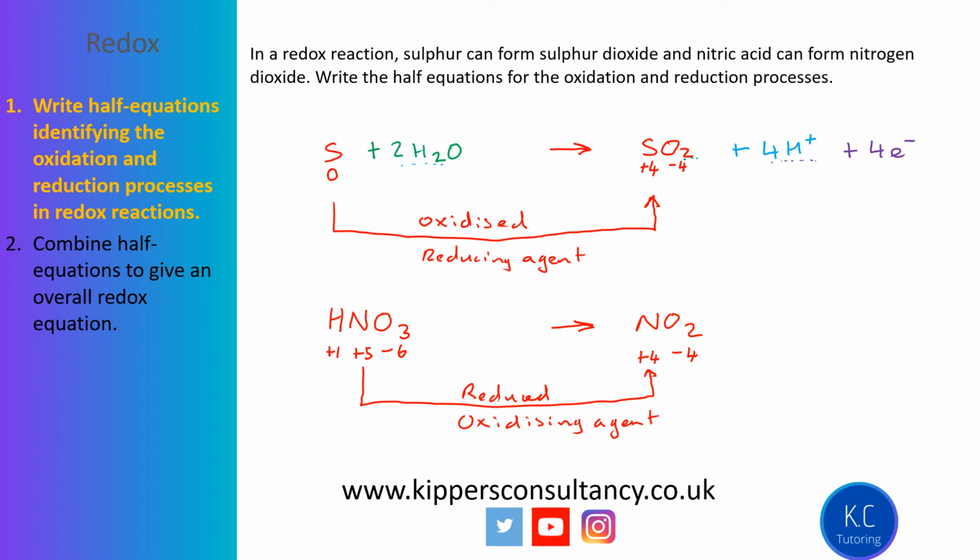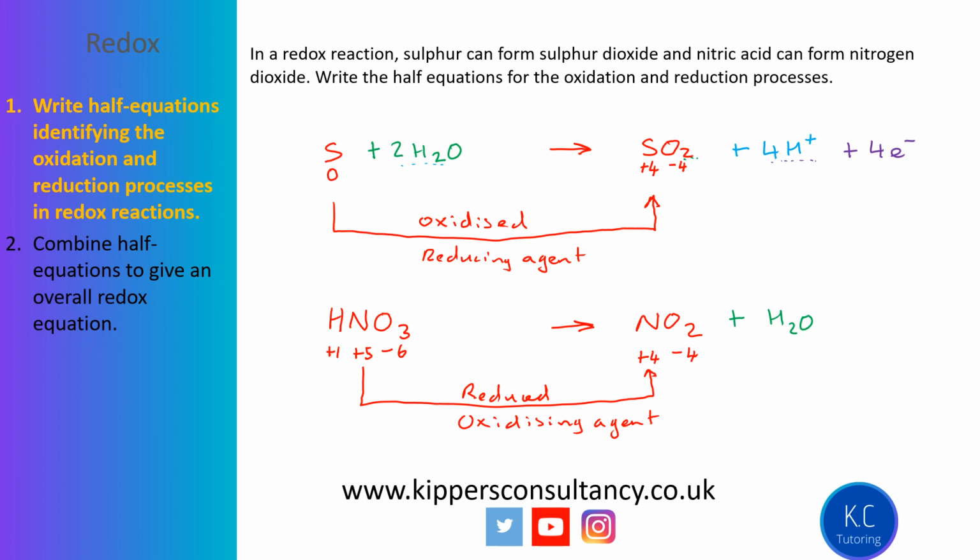Now I'm going to do the same with the nitric acid to nitrogen dioxide. So first of all, we can see that the nitrogens are balanced. That's good. Now we are going to balance out the oxygens. I have 3 oxygens on the left hand side and I have 2 oxygens on the right hand side. So I need to add 1 water to the right hand side, which is fine. Now I need to balance out the hydrogen ions.